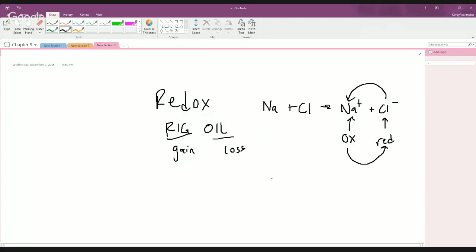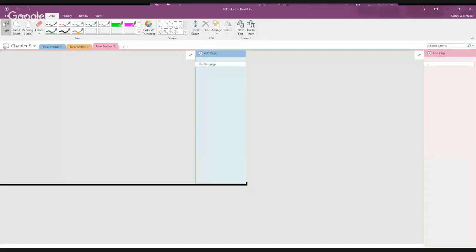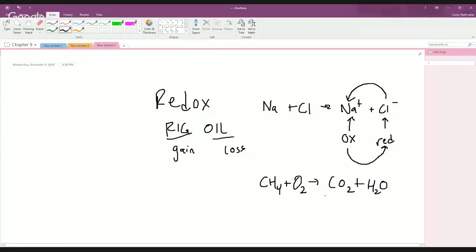A more complicated example is a combustion reaction. If you take methane and add oxygen, you get carbon dioxide and water. The way you tell which atom has been oxidized and which has been reduced is you just follow the hydrogen.